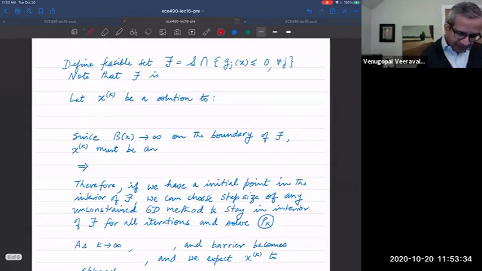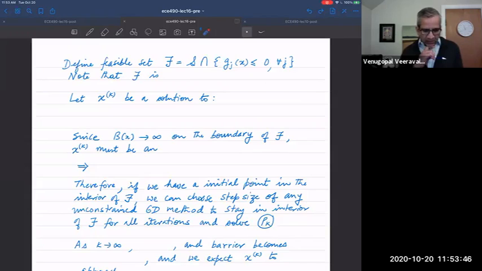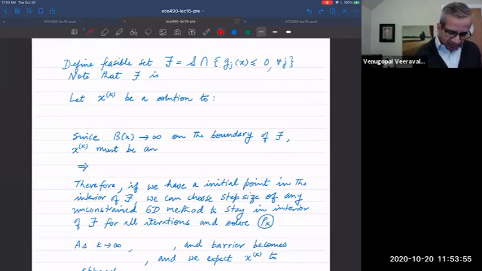So the feasible set F, script F, is the intersection of S with the constraints. Now S is closed, and each of these constraint sets is closed, and so the intersection of these is going to be a closed set.